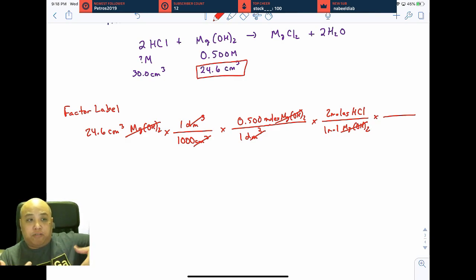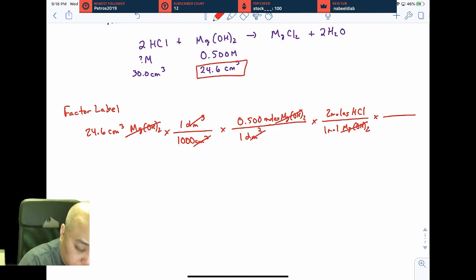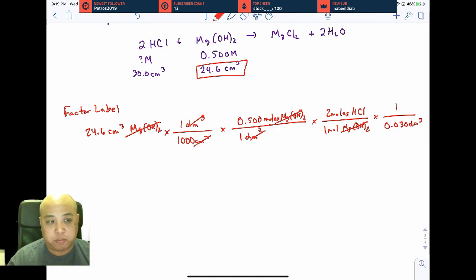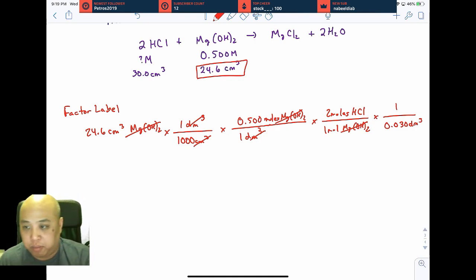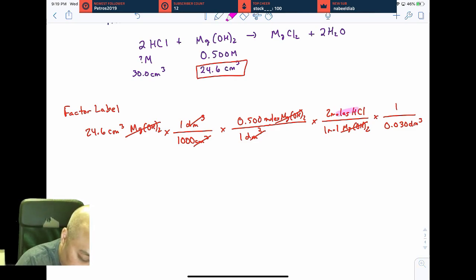My unit of volume here is 30 centimeters cubed, and I need that on the bottom, so I can put it in as a conversion: 1 over 0.030 decimeters cubed. I just converted it because I was running out of space. This way, I end up with moles and decimeters cubed, so I end up with molarity.